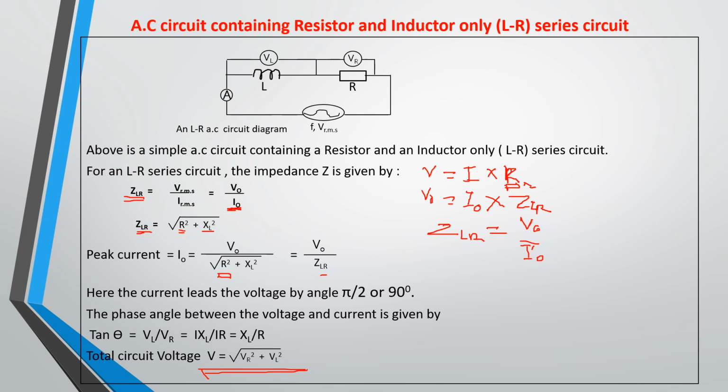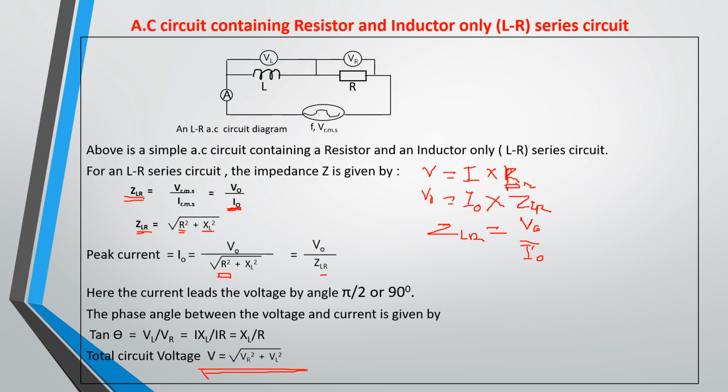If it is an inductor, you have inductive reactance. And for this particular resistor-inductor series arrangement, in place of resistance you have the impedance, right? So impedance is equal to peak voltage over peak current.